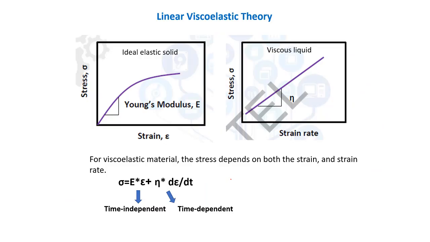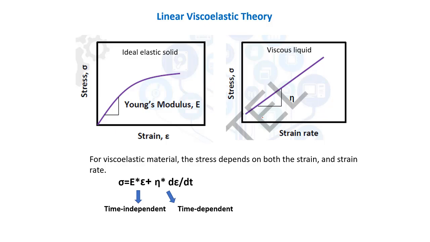Then we have linear viscoelastic theory. For an ideal elastic solid, we have stress and strain, and it goes like this. And at a particular region, it will be linear. That's where we can get the Young's modulus. And if the material is totally a viscous liquid, then the stress and strain rate is checked, and the slope of that will give us the dynamic viscosity.